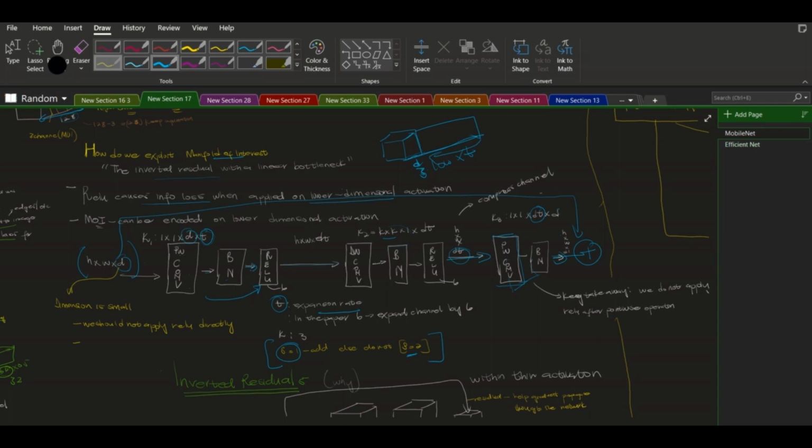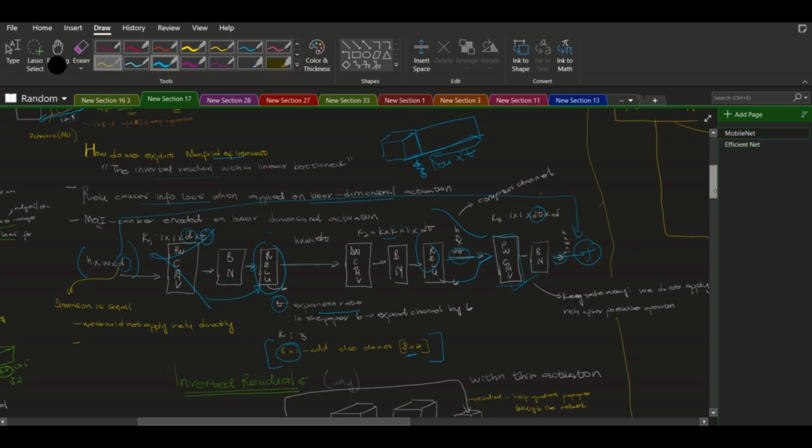How about we expand? We have this input which has a lower dimension, we expand it. Here we just expanded it, then we apply ReLU, then we take it back, right? So we still achieve that goal of having the output be lower dimension. Essentially this thing that I just explained achieves that goal.